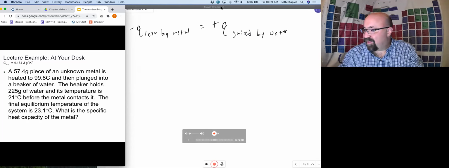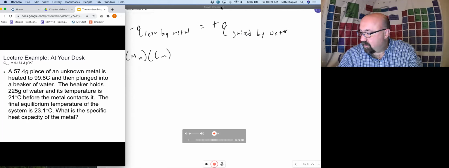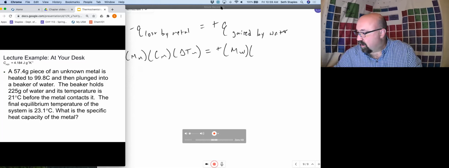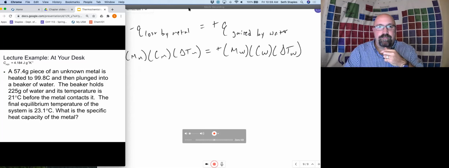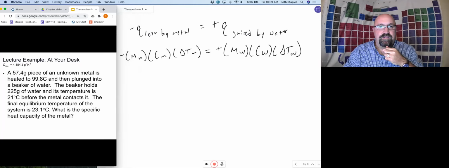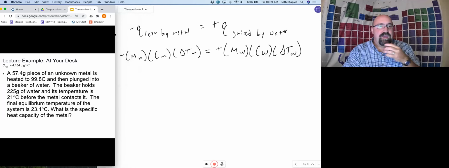The heat lost by the metal is negative mass of the metal times C of the metal times delta T of the metal, equal and opposite in sign to M of the water, C of the water, and delta T of the water. Sorry, I keep losing my negative signs there. There we go.